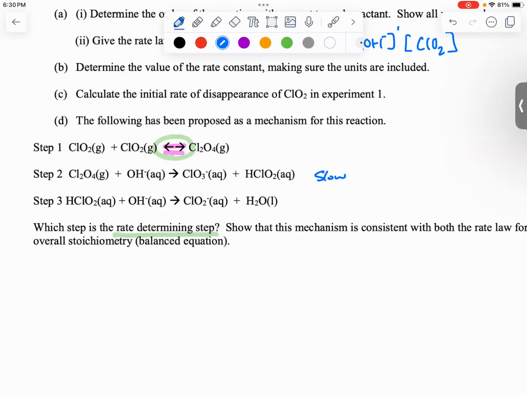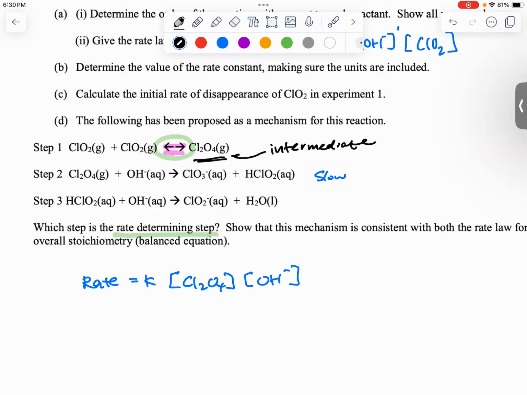So this is the slow step. So you would say the rate is equal to k, Cl2O4 times OH minus. Now, here's another thing too. We have a name for Cl2O4. This little thing right there is called an intermediate.